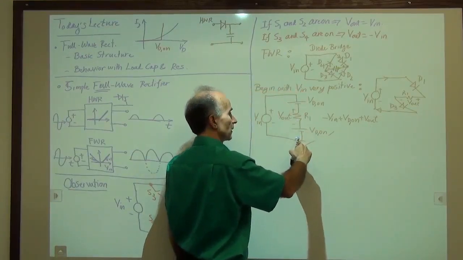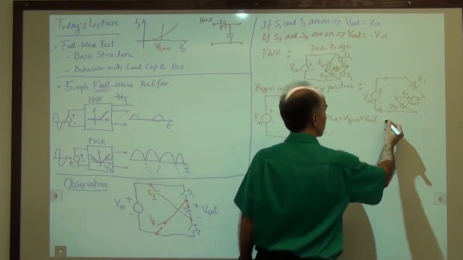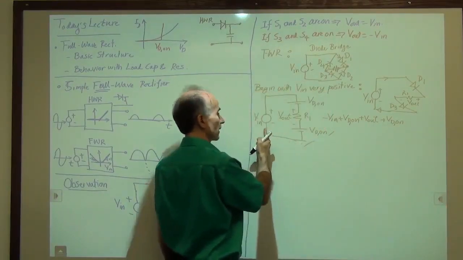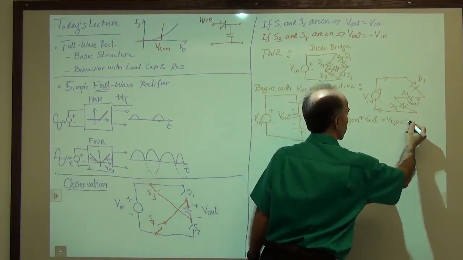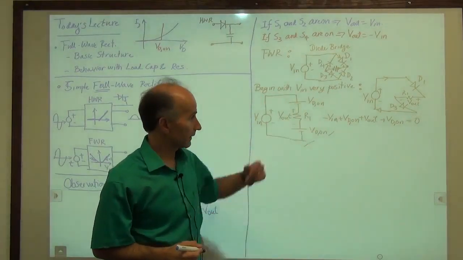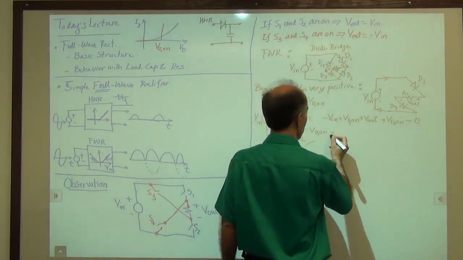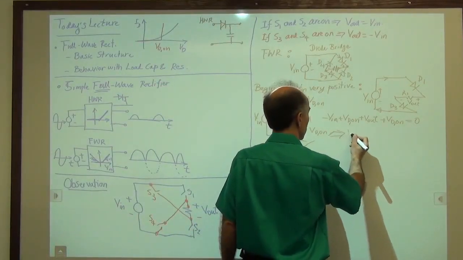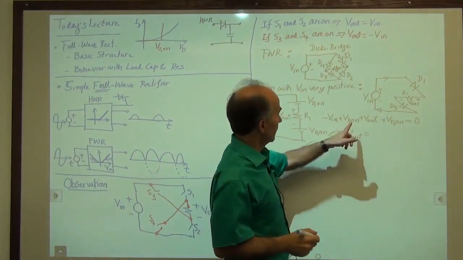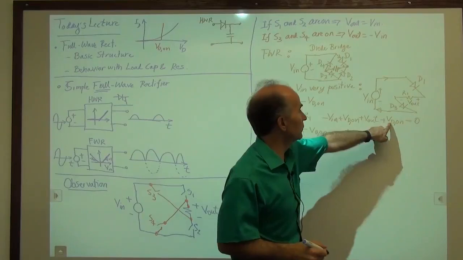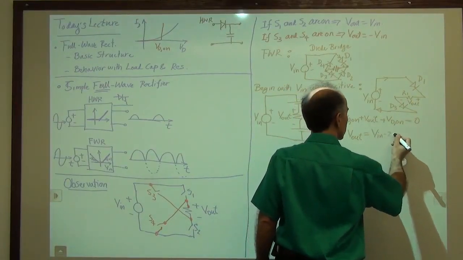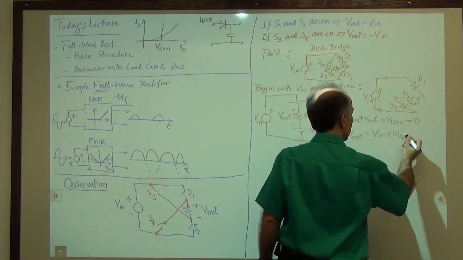Going down here, plus VD on. We'll go back to the bottom terminal of the voltage source, so that's 0. That's our KVL. That tells us that Vout is equal to Vin minus 2 VD on.